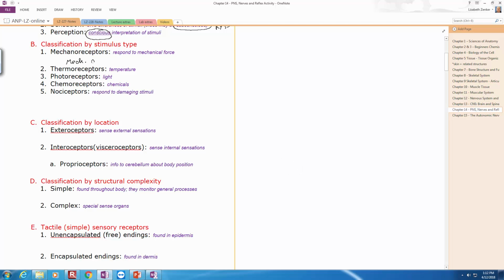Mechanical deformation. An example of that would be you have specific mechanoreceptors just for pressure. You have mechanoreceptors that are just for touch. You have mechanoreceptors that are just for stretch. And sometimes a combo like pressure and stretch can sometimes both be with touch, because if you push against something, you're deforming what your finger looks like physically, right?